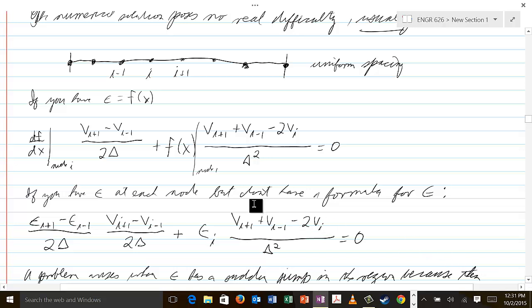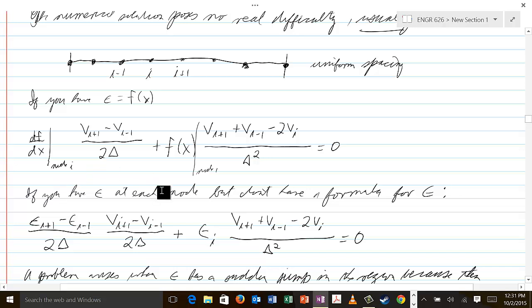Now, what if we know ε at each node? What if somebody has given us ε at each node, but we don't actually have a formula for ε? Here we were assuming that ε is equal to some known function of x, which we called f(x). But instead, suppose that we just knew ε at the nodes, but we didn't have a formula. Well, this would still be straightforward.